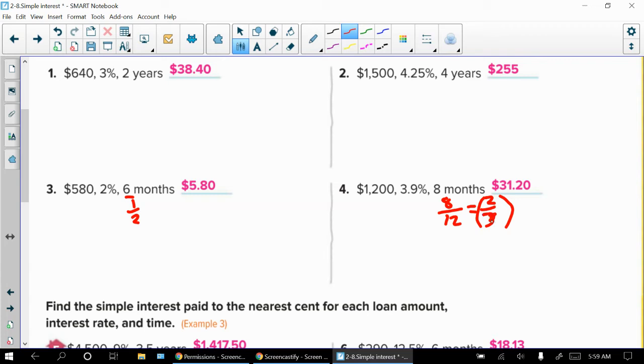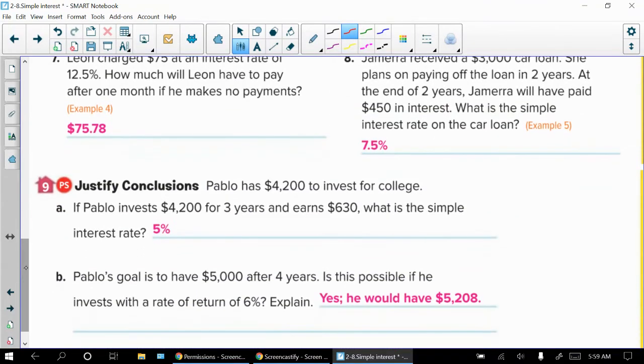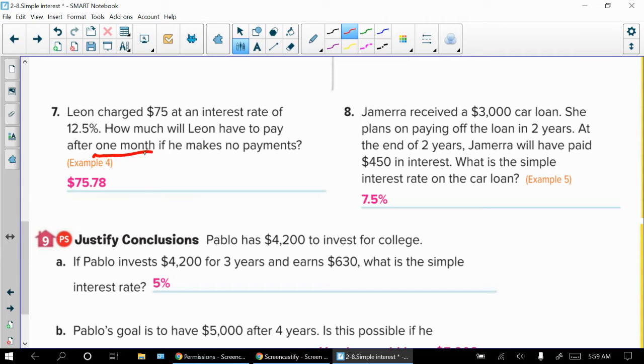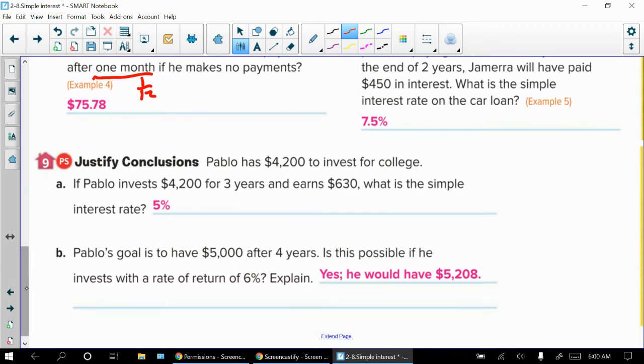This one, make sure you use 3.5. This one, again, you needed to use a half. In 1 month, that meant 1 out of 12. So this is what your answer was. 7.5% because you're looking for the rate. 5% for the rate. And 5,208.